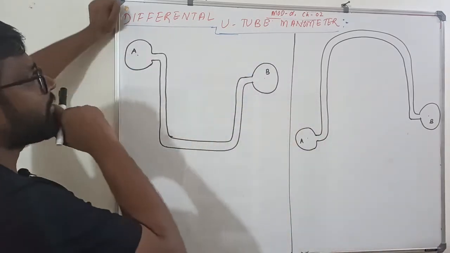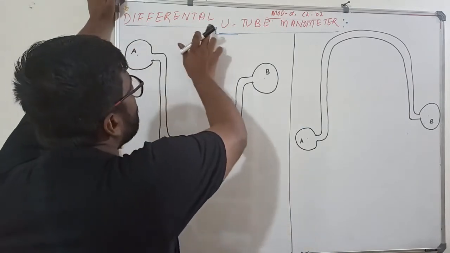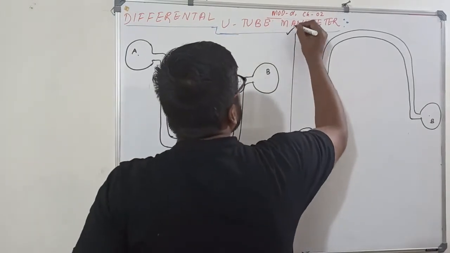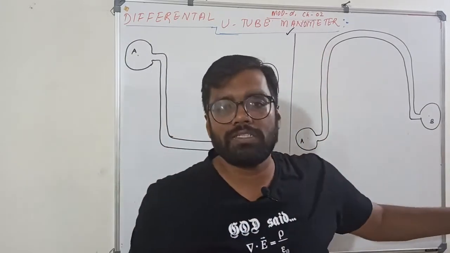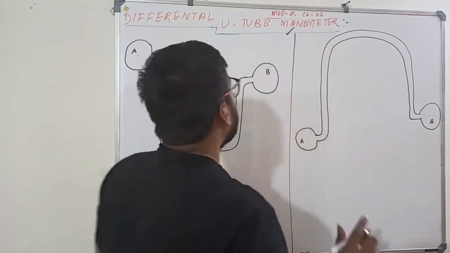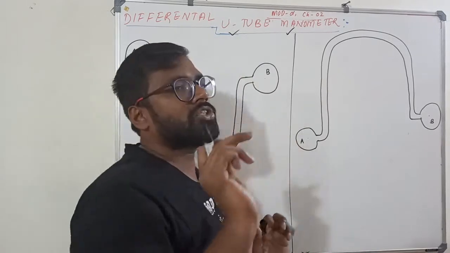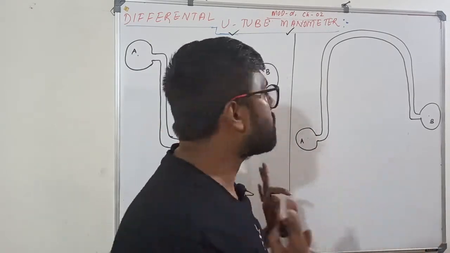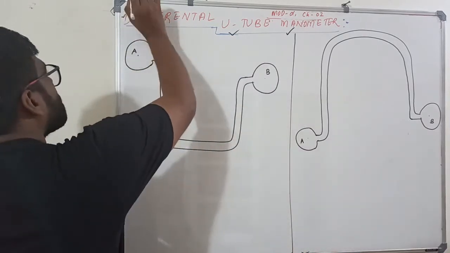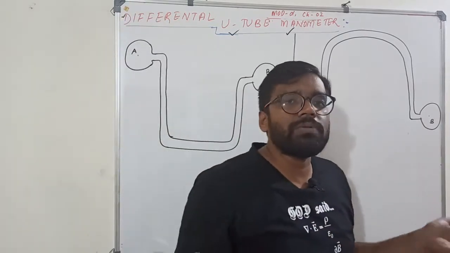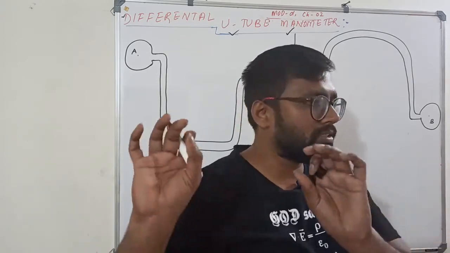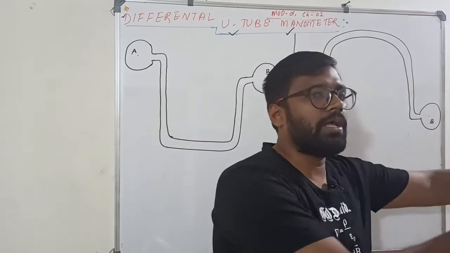Okay, so first thing, this is the differential U-tube manometer. First you should know it is a manometer. Manometer means it is a pressure measuring device. U-tube means the shape of the tube is the English letter U. Differential means it will give you the difference in pressure, hence it is known as the differential U-tube manometer.